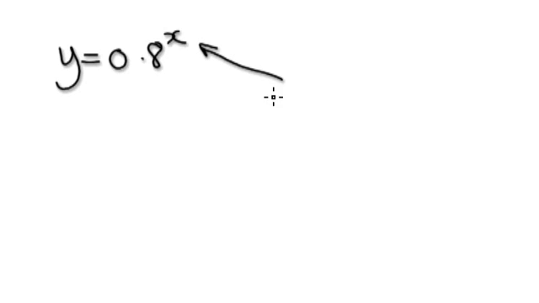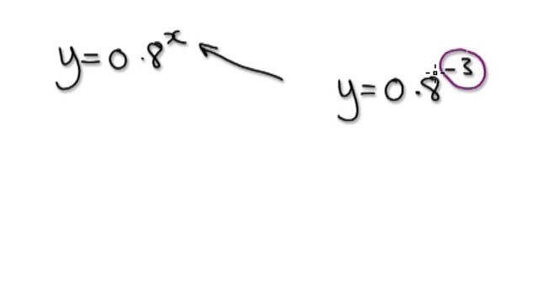Okay, so let's look at y equals 0.8 to the power of x. Now, what happens when you put minus 3 in there? So let's see what happens when we have something like this to the power of minus 3. The minute you see a minus 3 like this, 0.8 to the power of minus 3, immediately jump, inside your mind, to something like this, 0.8 to the power of 3.